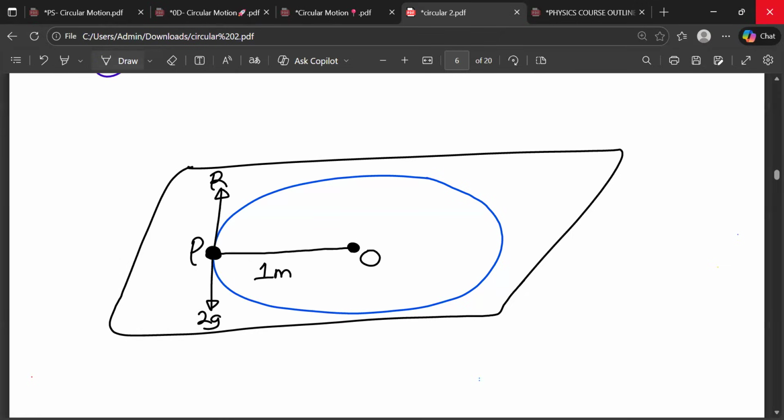But before we even go to the tension, what are they saying? A particle P of mass 2 kilograms attached to the other end of the string is given a blow which sets it moving in a circle with a constant angular velocity of 5 rad per second. So they are telling you that the angular velocity is constant. That means I'm free to come and show it like that. I told you for angular, use a curved line.